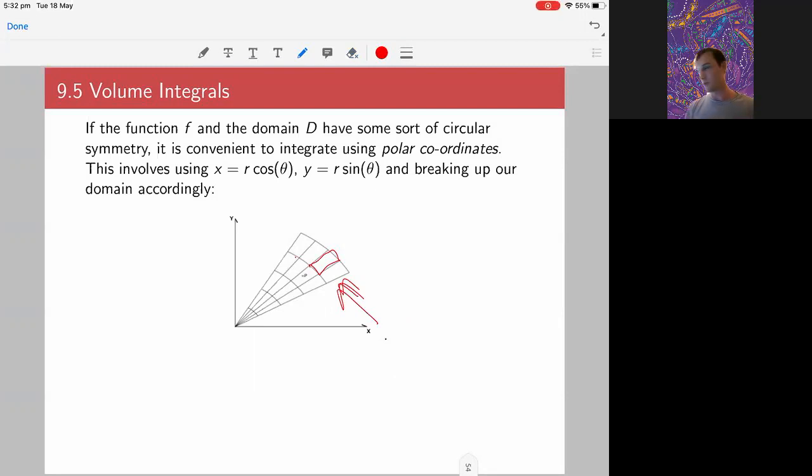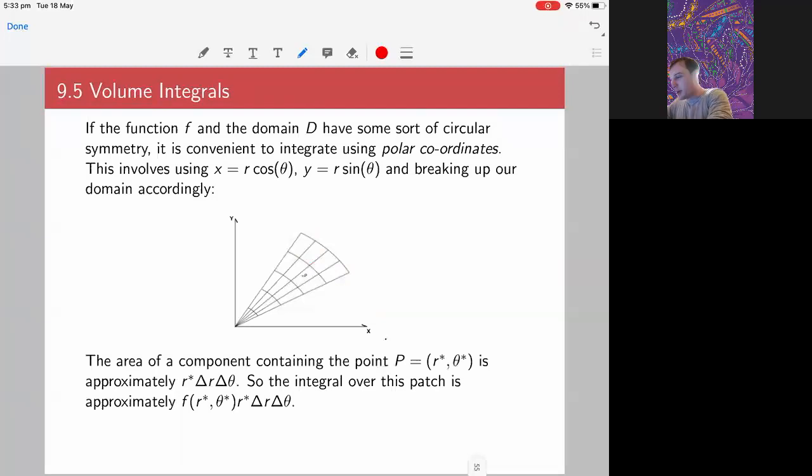But the question really is, what is the area of each of these small rectangles? And this is an important point that we actually need to focus a bit on. The thing is that if we pick this point P here, say, let's say it's at the coordinate r star and theta star. So r star means how far away it is from the origin, and theta star, I guess, is how much rotation it's had from the x-axis.